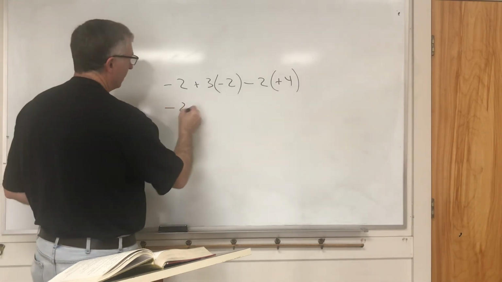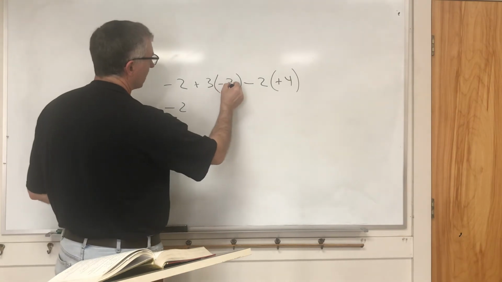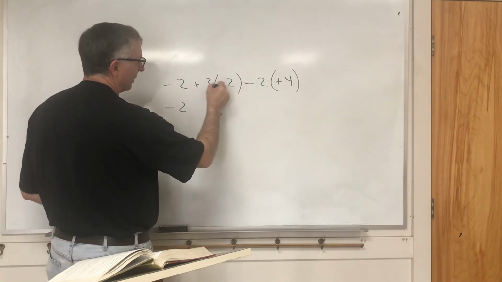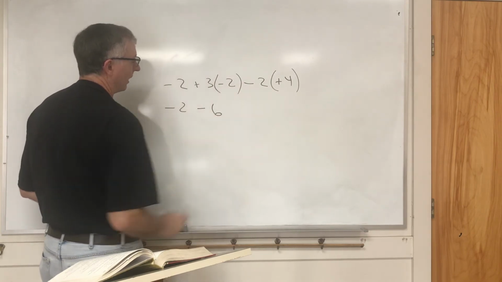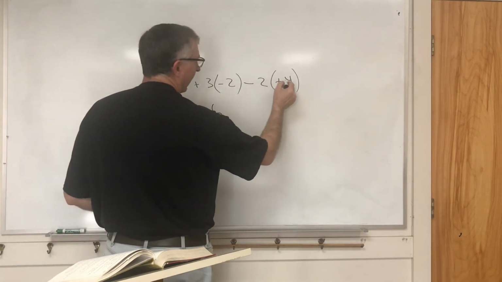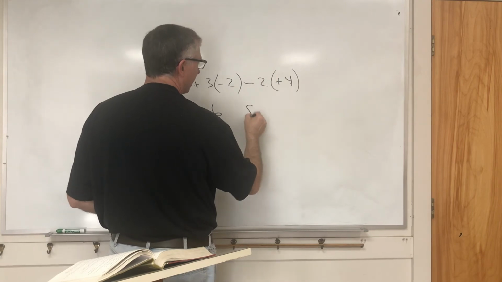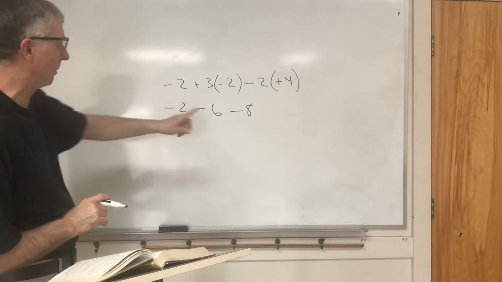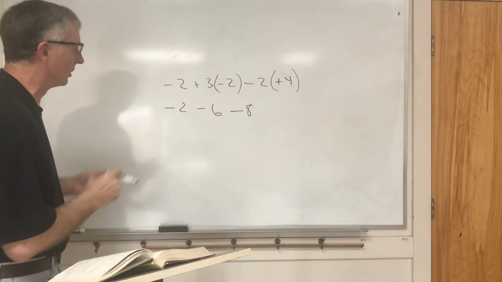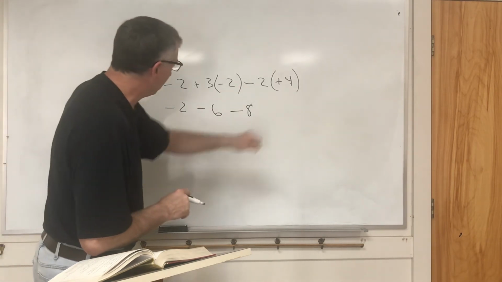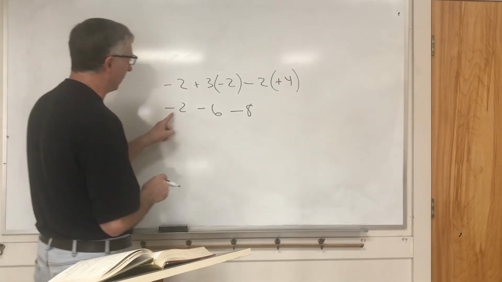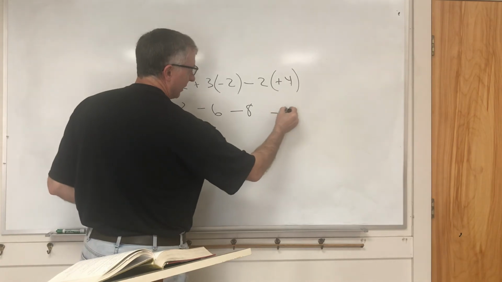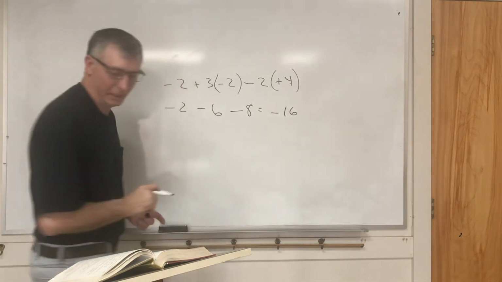So I have a negative 2, that just comes down, and then I multiply these two numbers, which gives me 6, and it's going to be negative because I have one negative sign in front, and so I have a negative 6. And then I have 4 times 2, which is 8, and it's a negative 8 because I have one negative sign, which is odd. And so all my numbers are negative, and so I simply add them up. 2 plus 6 is 8, plus 8 is 16, and I have a negative 16.